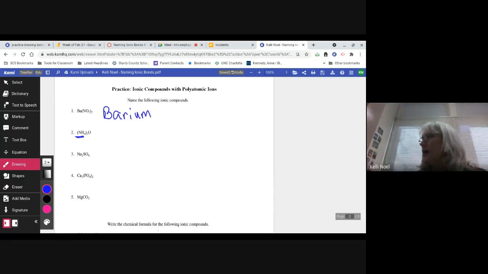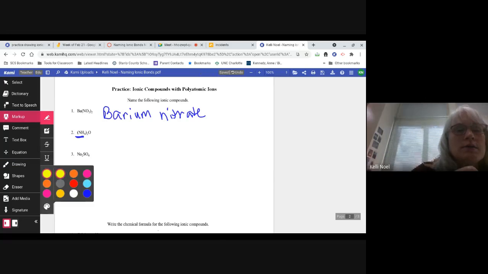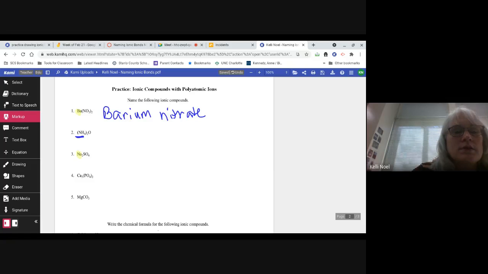Then I'm going to look on my polyatomic chart for NO3, and that should be nitrate. And I'm just going to write nitrate. So what you may want to do is, this is my metal. This is going to be my metal, and this is a metal, and this is a metal.